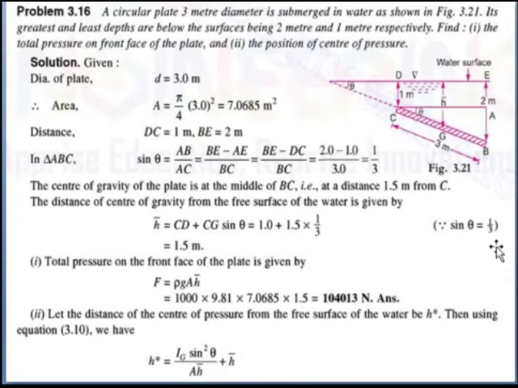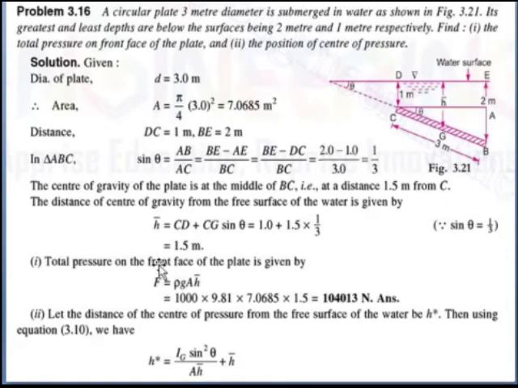In this triangle sin theta is equal to opposite distance upon adjacent distance, that is AB upon adjacent, that is 3 meter. So sin theta is equal to 1 by 3. By putting this value, we get the value of h bar as 1.5 meter.